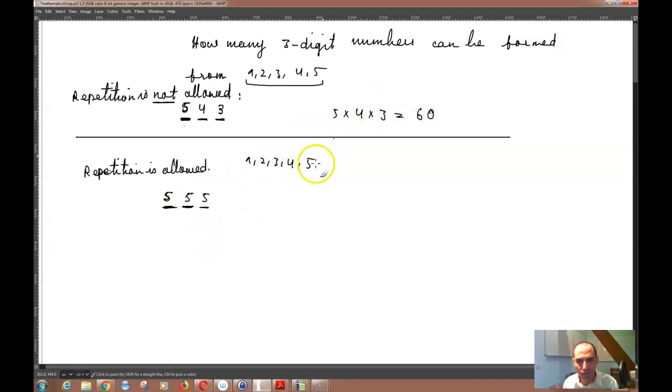And so all the different ways of filling all of these placeholders, namely making 3-digit numbers using these digits, would be 5 times 5 times 5, which is equal to 5 cubed, which is equal to 125. 25 times 5 is 125.